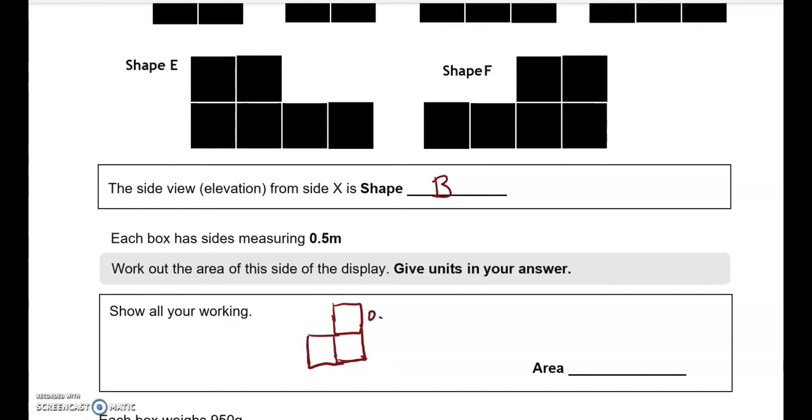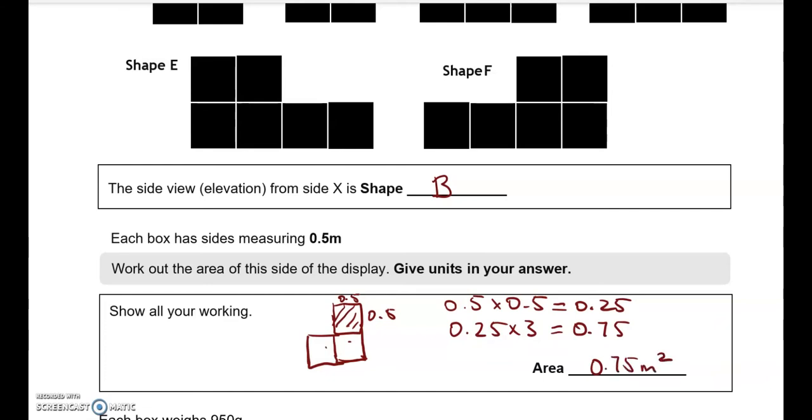So this area here will be 0.5 times 0.5, which is 0.25, and it's 3 lots of them. So 0.25 times 3, which is 0.75 meters squared.